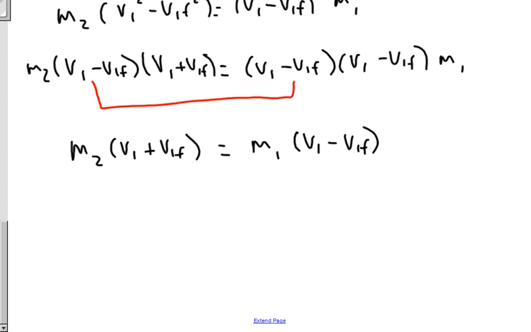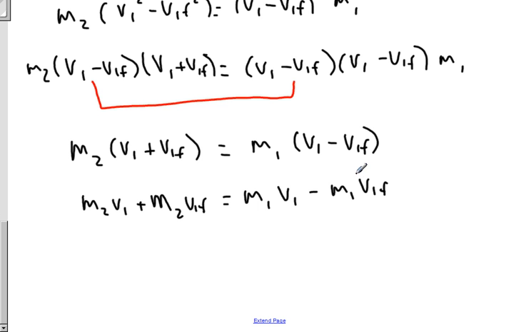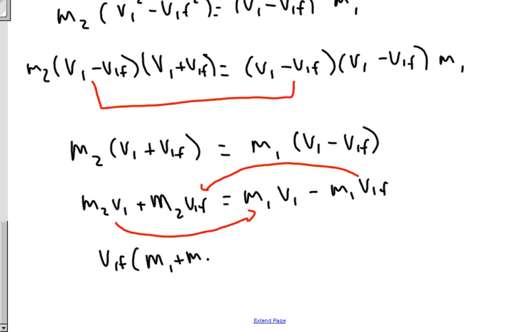If we solve this for v1 final in terms of v1, we are left with expanding this, m1 v1 minus m1 v1 final, m2 v1 plus m2 v1 final. Bringing this term over here, bringing this term over here, we can factor out a v1 final here to be left with m1 plus m2.